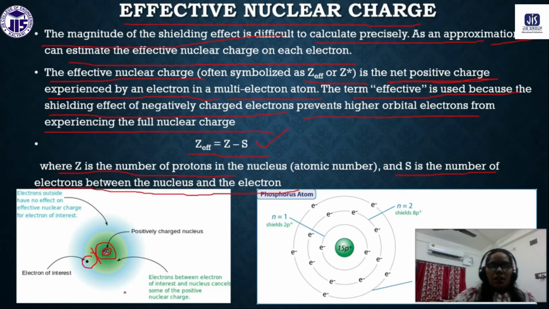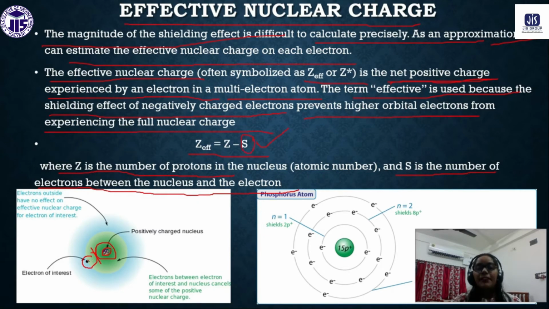Look here, this is the outer orbital electron. For this electron, suppose we are determining the Z effective. First of all we have to check how many protons there are. And what is the value of S?